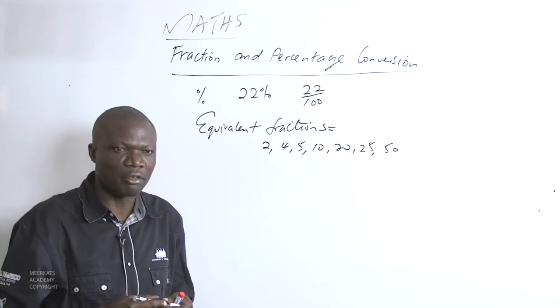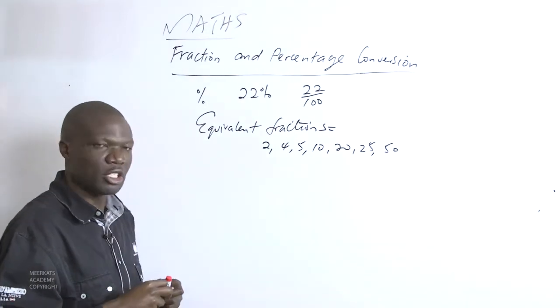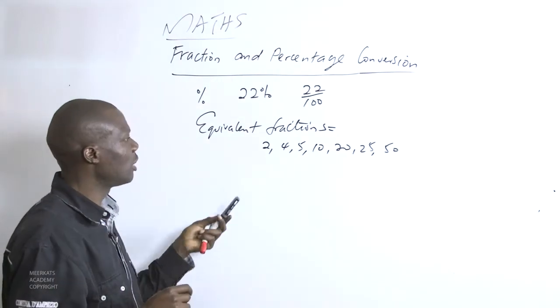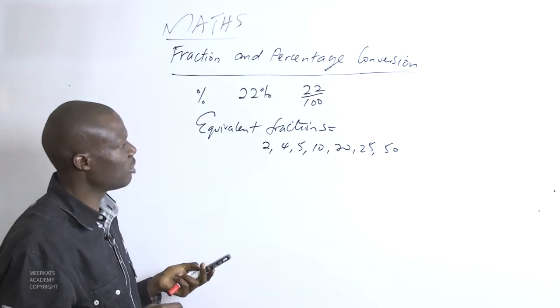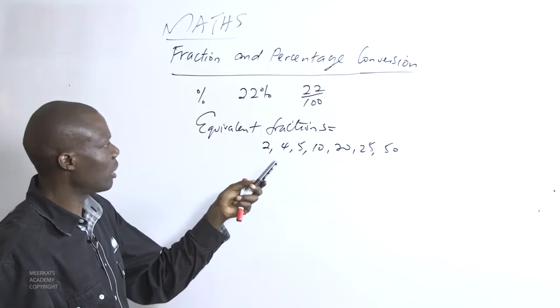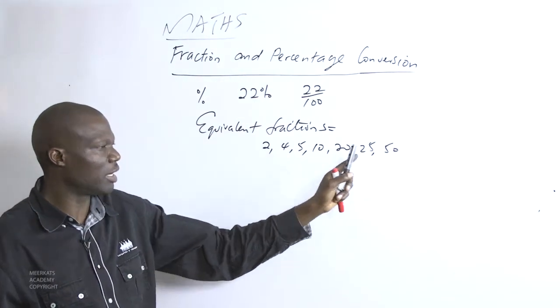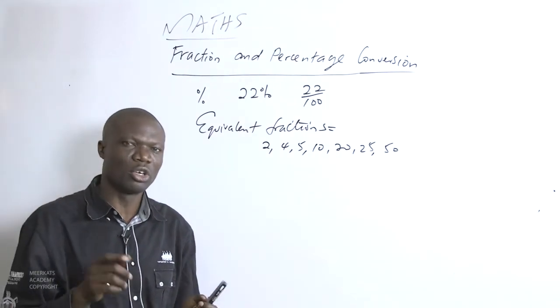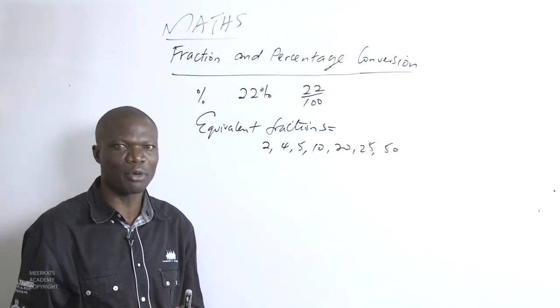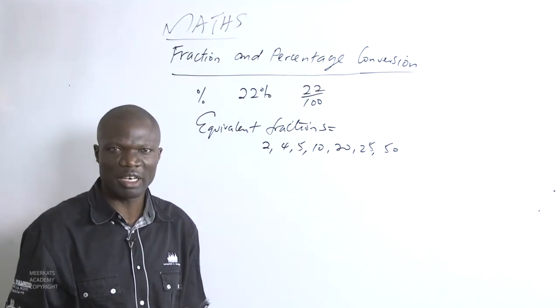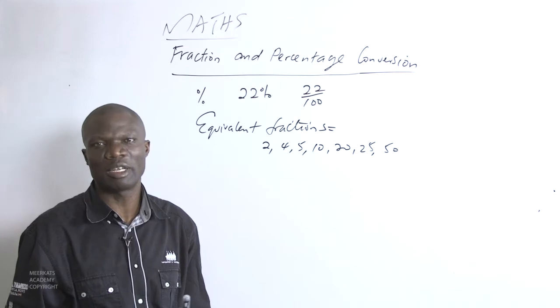The idea of equivalent fractions, where we reduce the denominator to give us 100, works very well when we have numbers like the ones I've written on the board. So you'll notice that from our previous example, where we were required to go further, we had a number which was giving us the denominator as 8.